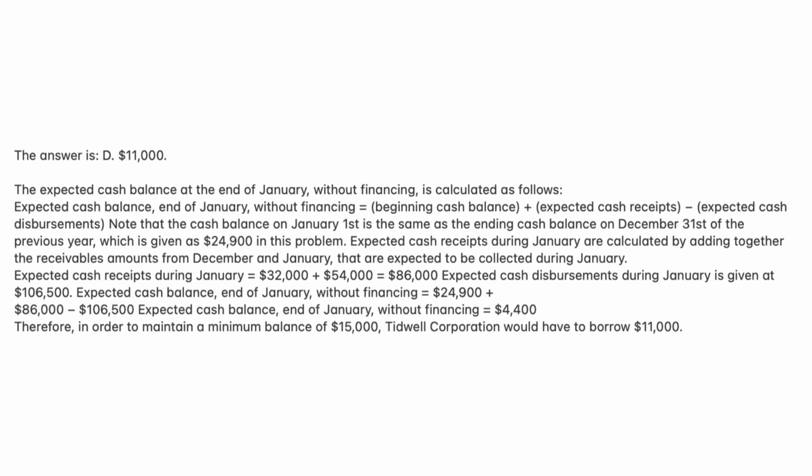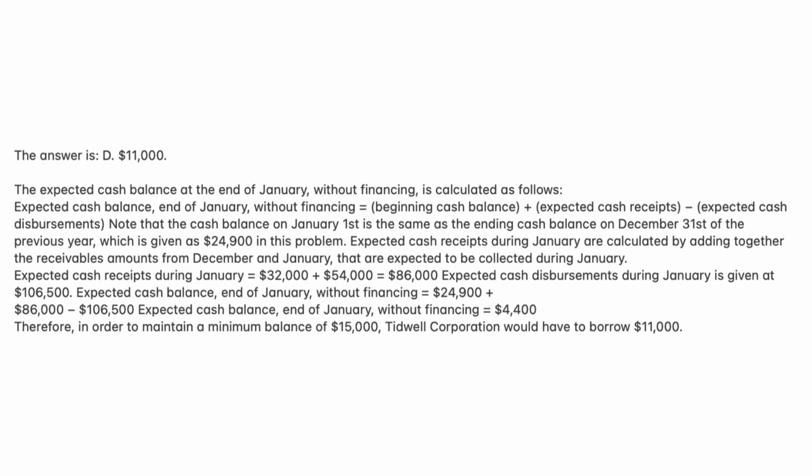$11,000. The expected cash balance at the end of January, without financing, is calculated as follows. Expected cash balance, end of January, without financing equals beginning cash balance, plus expected cash receipts, minus expected cash disbursements. Note that the cash balance on January 1st is the same as the ending cash balance on December 31st of the previous year, which is given as $24,900 in this problem.